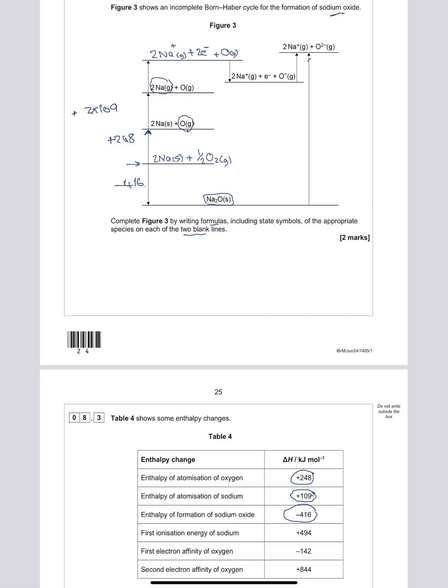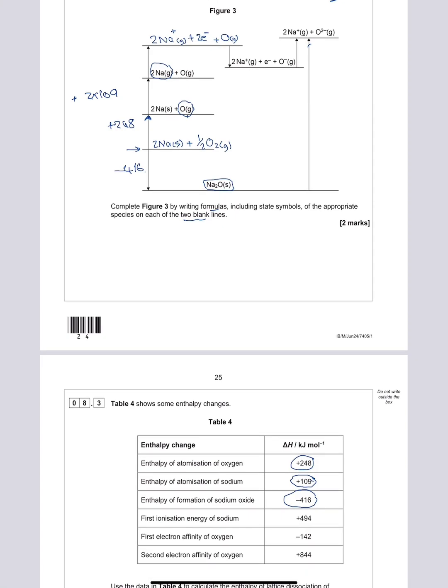And then followed by the ionization of the sodium. The first ionization energy of sodium is plus 494. Remember, there are 2 of the sodium, and so this is going to be plus 2 times 494. And then we have the first electron affinity for the oxygen, which is minus 142.